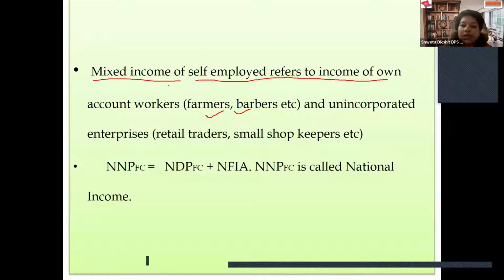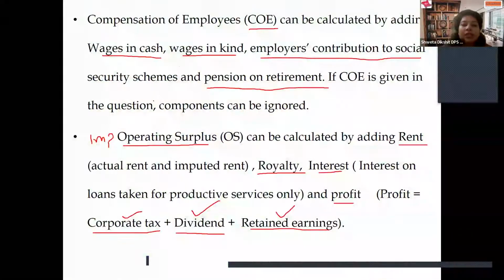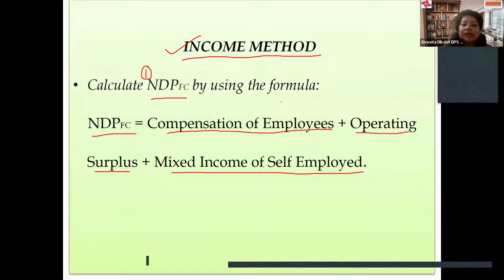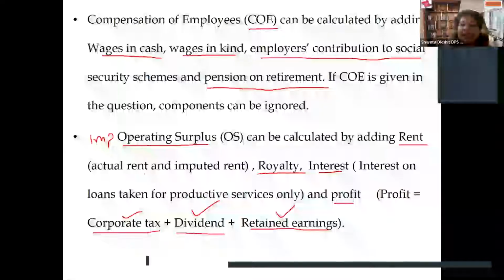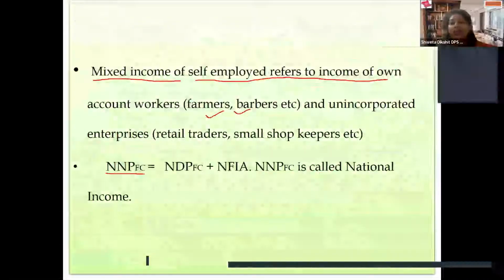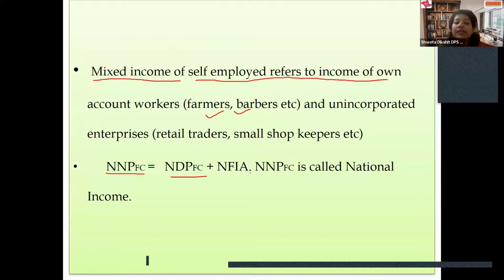So including them all, that means going back to the formula, COE, operating surplus, and mixed income, you reach NDP at FC. Now, if NDP at FC has been asked, it's okay. But if you have to find the national income, as I said yesterday, meaning NNP at FC, you need NDP at FC plus NFIA.